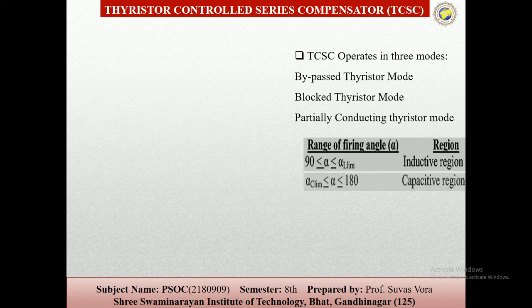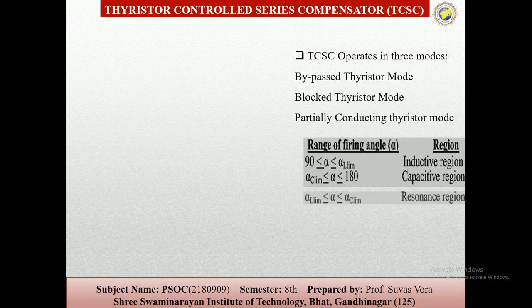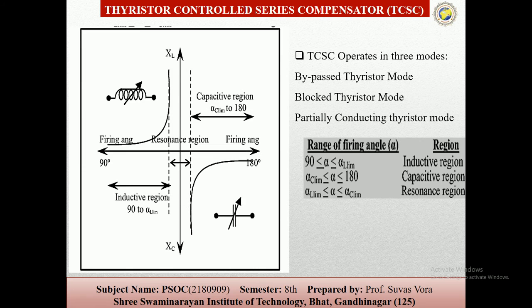So the inductive region, then alpha climbing to 180 degrees is the capacitive region, and then after that the resonance region. So in the figure here, these are the capacitive region, the resonant region and the inductive region. These are the three different types of regions in this control method.